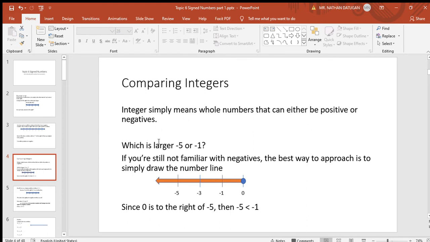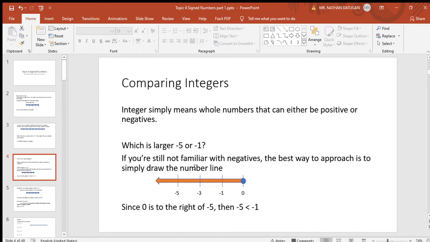So let's compare two integers here, -5 and -1. Which one's larger? If you're not comfortable with comparing negative numbers, the best way to approach it is to draw the number line. You draw a number line like this, and you label it from 0 to -5. Here I skip every other number, so 0, -1, -3, -5.